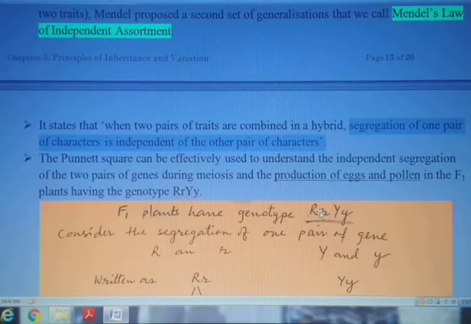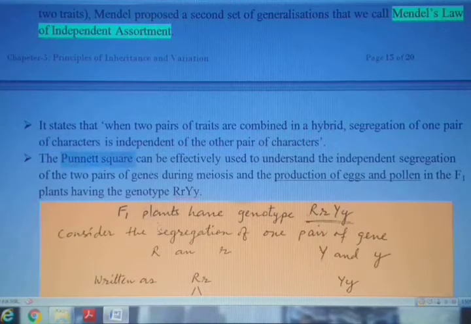Now in this case, what we have discussed earlier in the dihybrid experiment with the help of Punnett square, in order to obtain F2 generation, we had used the genotype, that is capital R small r, capital Y small y, as the genotype of F1 plants.